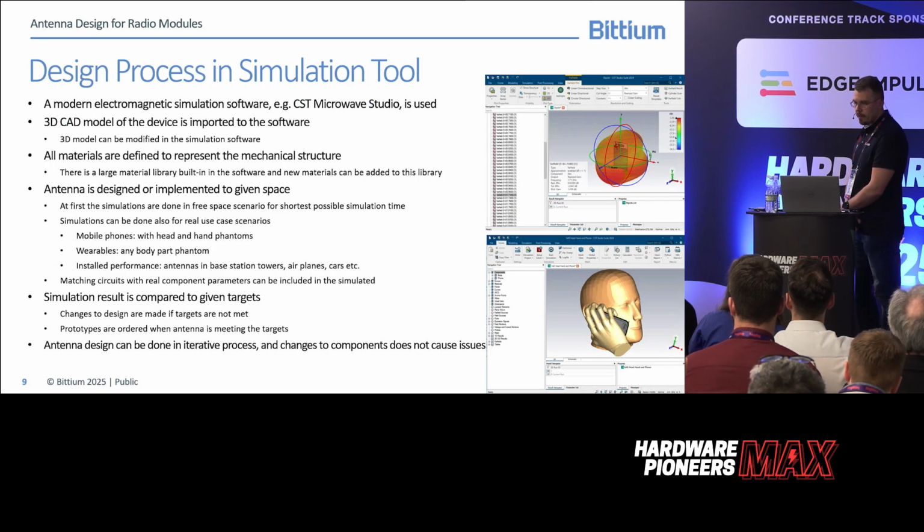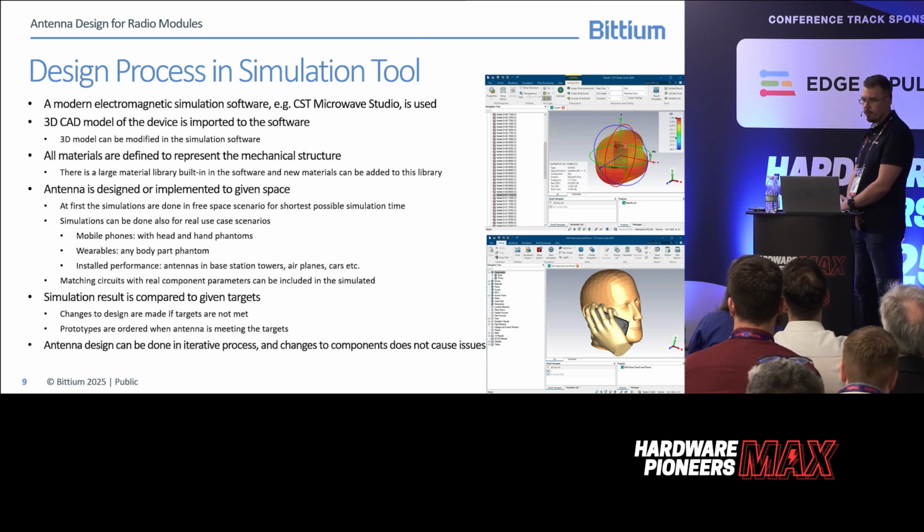So how does the design process go in our simulation tool? At Bittium, we are using CST Microwave Studio. First of all, we like to get involved with the antenna design as early as possible.